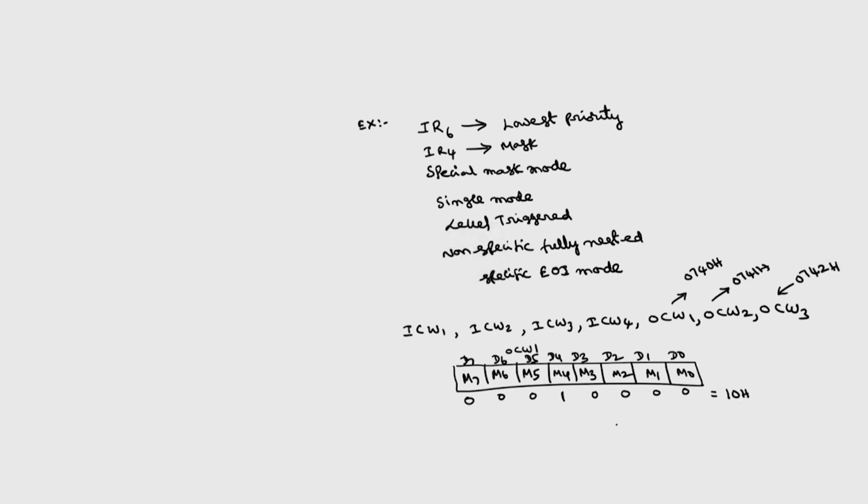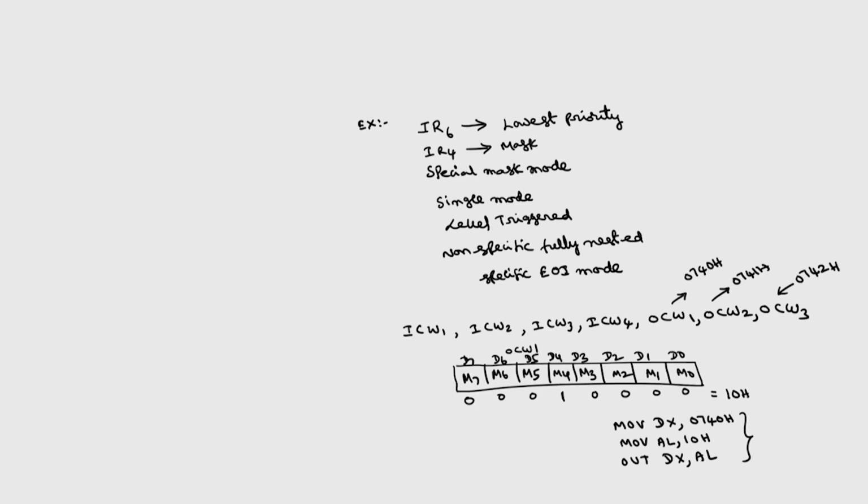Then in order to load this, what we will do is MOV DX, 0740H, then MOV AL, 10H, then OUT DX, AL. So these are the instructions used to load this 10H onto OCW1 whose address is 16 bit. In case of a 16-bit address, you have to take it into the DX register and then specify the DX register in the OUT instruction.